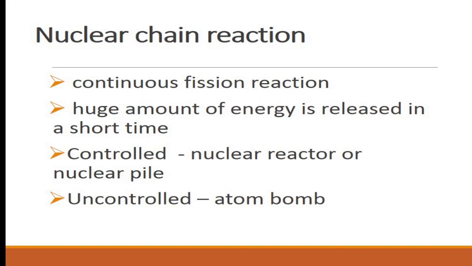If this nuclear chain reaction is controlled, the energy released can be used for good purposes, like that of a nuclear reactor or nuclear pile. So controlled nuclear chain reaction is the basic principle of nuclear reactor.